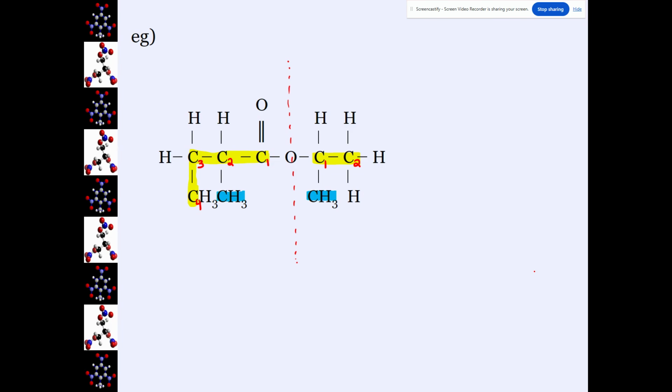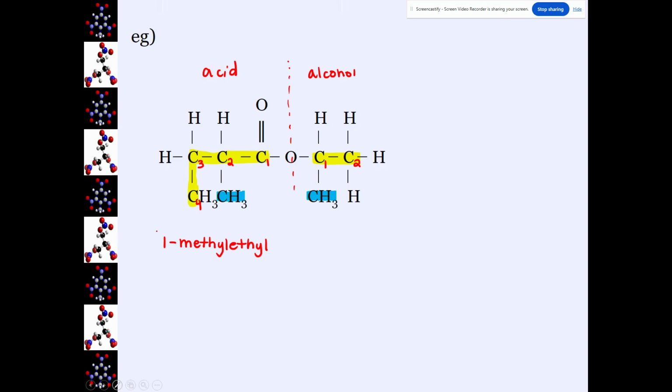Okay. Now I name my alcohol side first. This again was the alcohol side, and this is the acid side. So on carbon 1, there is a methyl branch, and this whole side is the ethyl name, right? Because the alcohol changes to an alkyl name. So 2 carbons is ethyl.